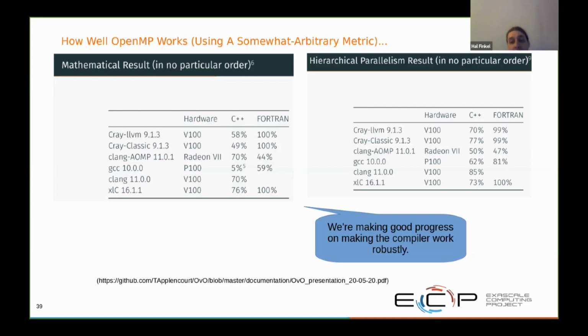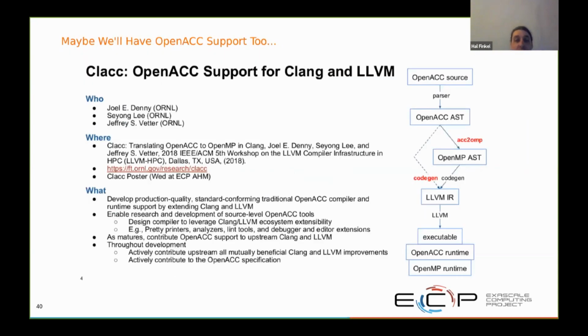Now, the other thing I'll point out is that there's a lot of other active work going on within the LLVM community. People often ask me about OpenACC support. I think OpenACC is mostly used in Fortran, but I will point out that there are some colleagues of ours who are working on OpenACC support in Clang, and this also reuses the OpenMP infrastructure that we just discussed.